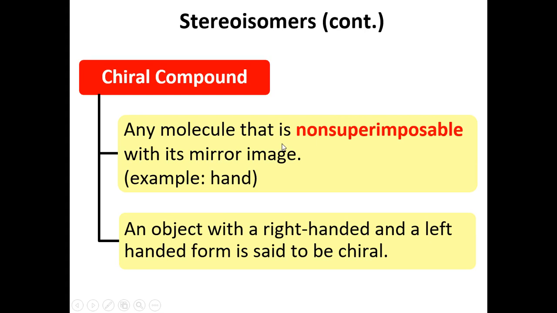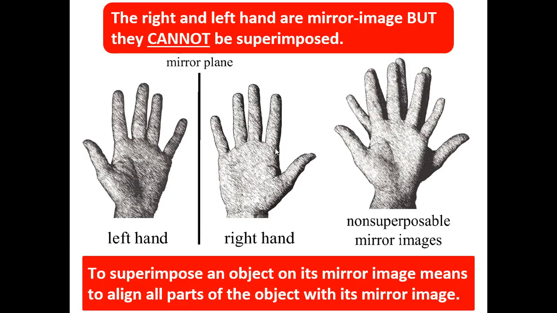Example, we have a right hand and a left hand. When you overlap them, that is a chiral compound. A chiral compound is any molecule that is non-superimposable on its mirror image. We have a right hand and a left hand, and when we overlap our hands, they are non-superimposable.